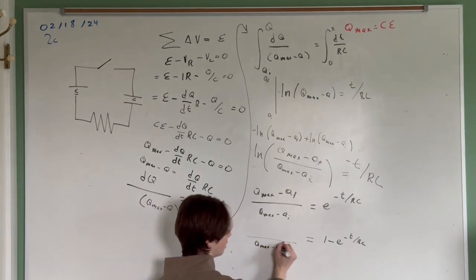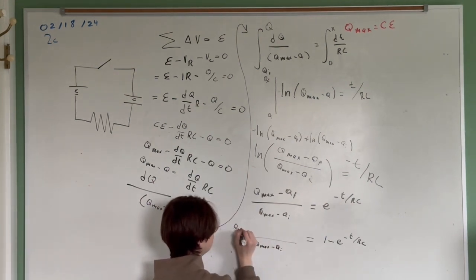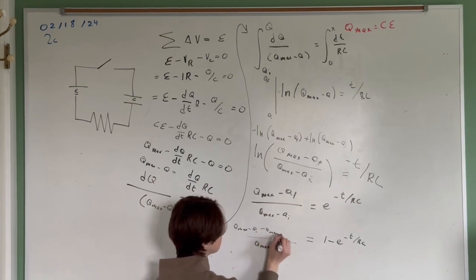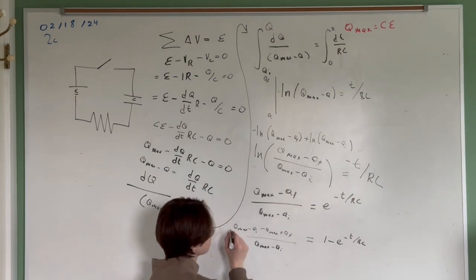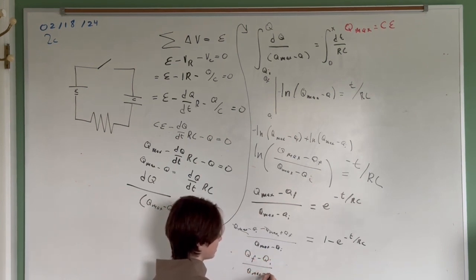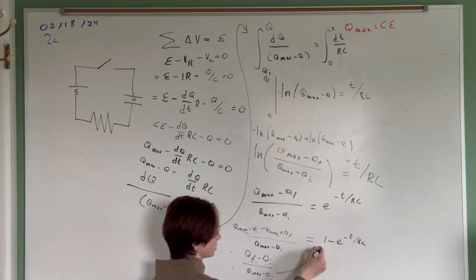Here we have Qmax minus Qi minus Qmax plus Qf. Cancel out the Qmax on the top. And now we have Qf minus Qi over Qmax minus Qi equals this thing.